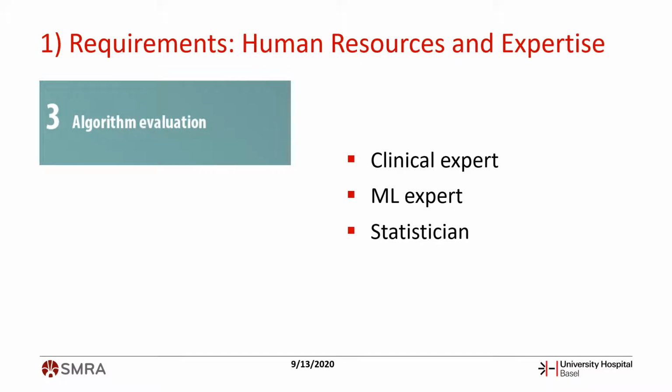For the third step, algorithm performance evaluation, you will most likely want to involve a statistician, because besides quite simple concepts of performance evaluation like sensitivity, specificity, false positives, false negatives, true positives, true negatives, you have a very wide range of other measures like the dissimilarity scores or ROC curves, the F1 score, and you really want to make sure that you pick the most adequate method.